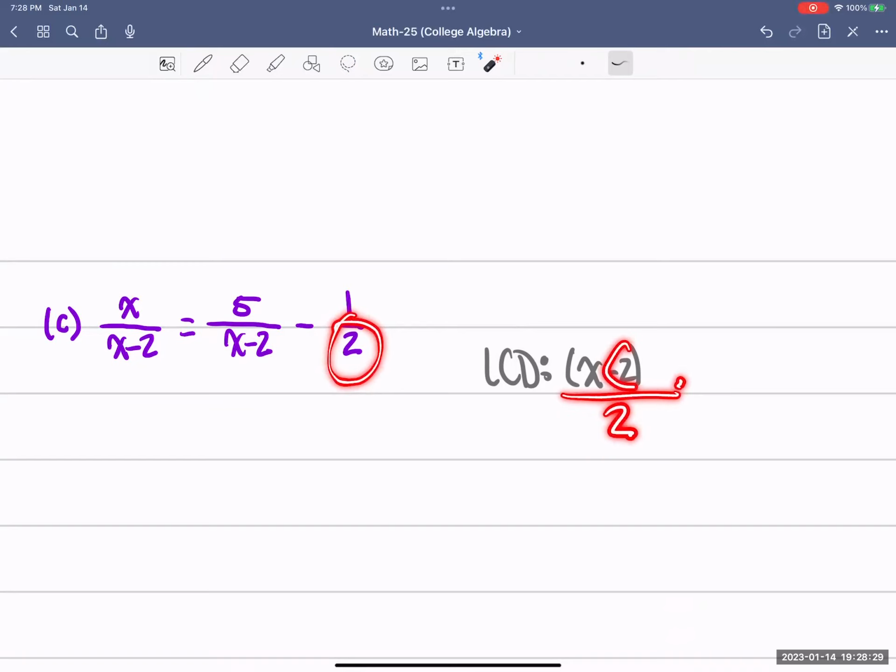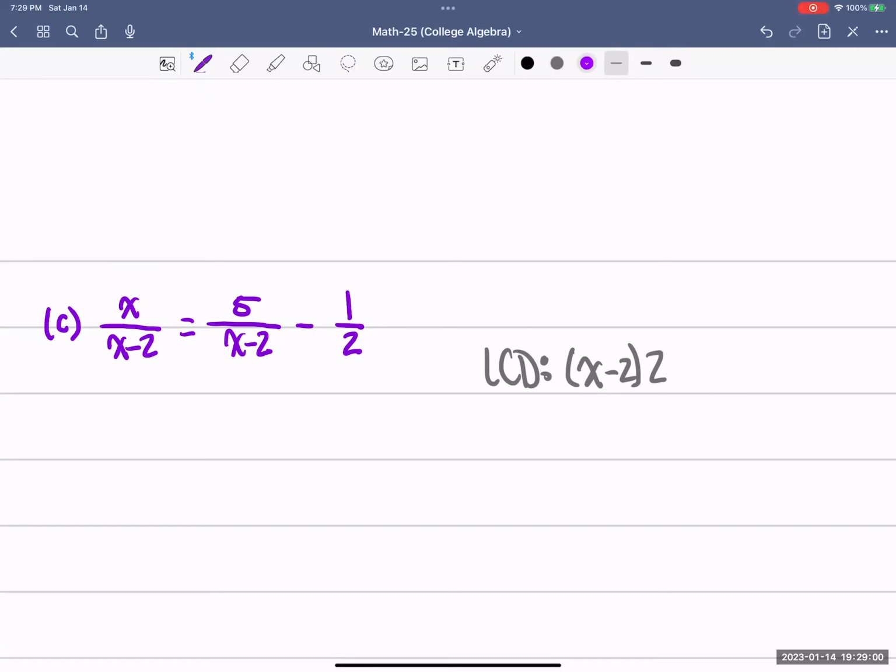Even though we do have a 2 right here, it's not a constant multiple out here for us to divide it out. So here we go. Our LCD is going to be multiplied by 2 over here. And let's check that last one. All right, no fractions here, so we're good there. So our LCD that we multiply to both sides is going to be that x minus 2 times 2.